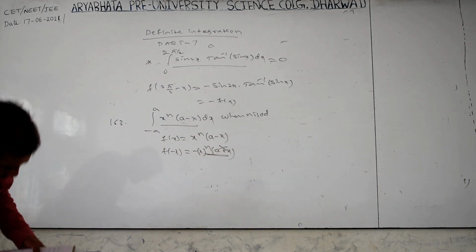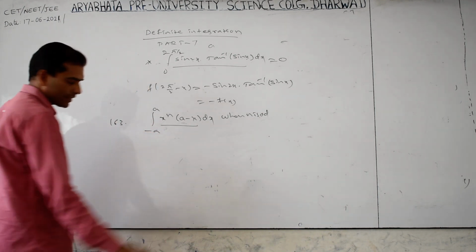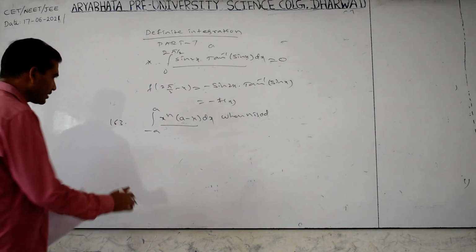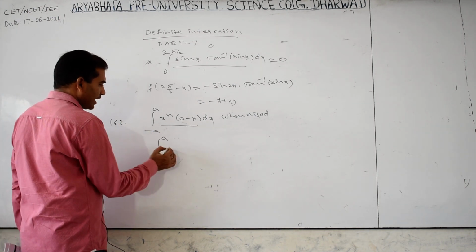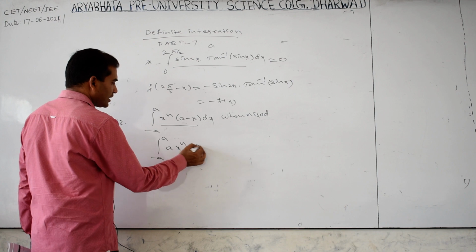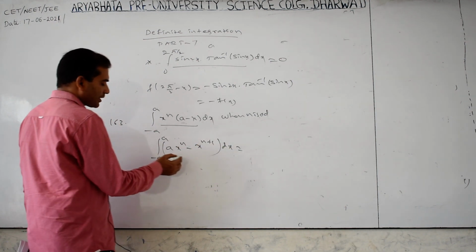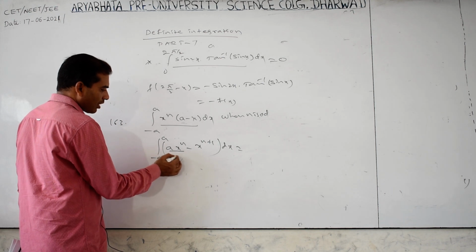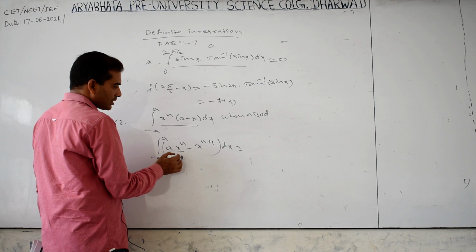How can we find this directly? When the formula is not applicable, then you find it directly, so just simplify here: integration minus a to a of x raised to n times a minus x raised to n plus 1 dx. The first term is an odd function, when you put x equal to minus x, the power is odd, so this is odd.